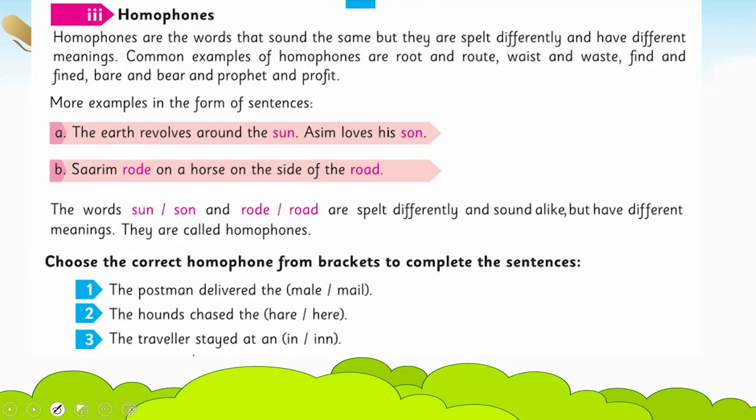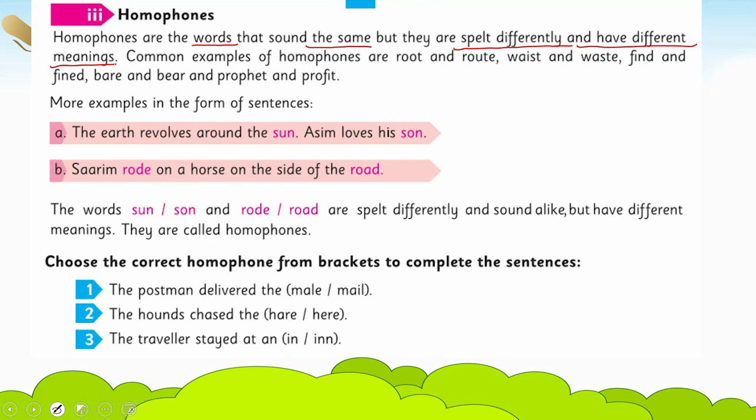Now, coming towards the next topic, that is homophones. So, our next SLO is homophones. So, basically, what are homophones? Homophones are basically words that sound the same, but they are spelt differently and have different meanings.